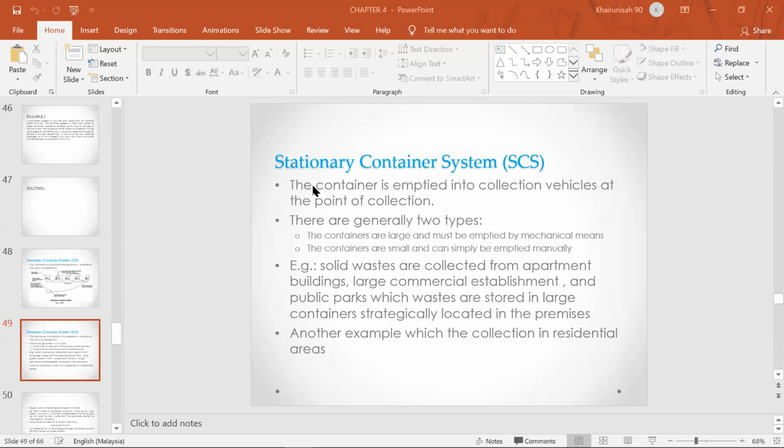For example, demolition waste will damage the relatively delicate mechanisms of this type of vehicle. And high volume generators may not have room for storing the large containers.